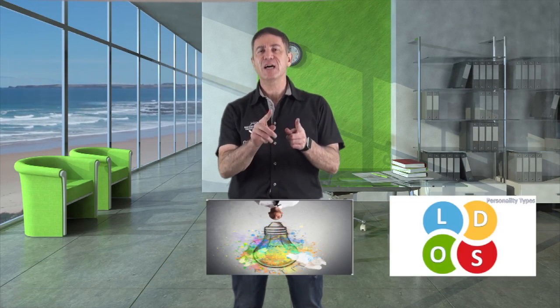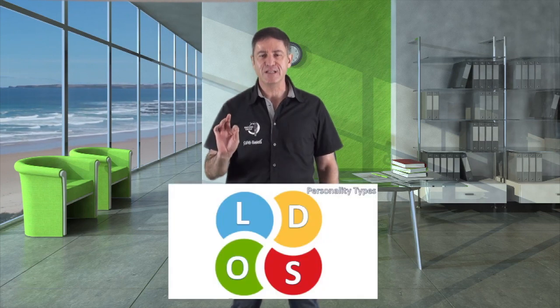The next thing we need to think about is that when we're dealing with people, people have different personality types, thinking styles, and decision-making processes. So the type of questions that we need to be asking are very much related to each person's personality type.